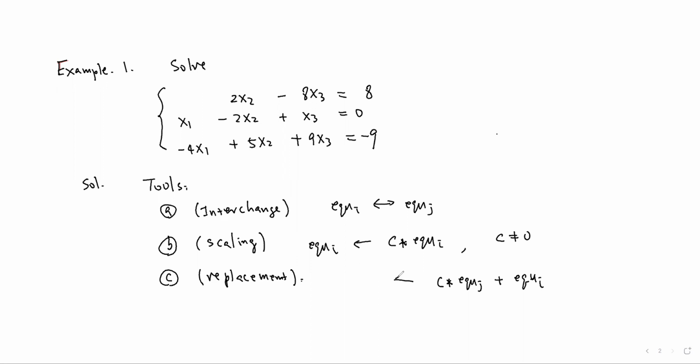Put this new equation in equation I. Don't put this new equation in equation J, but in equation I. Then this operation is called replacement. Now this time, this number can be 0 or non-zero. Okay, these are the operations that we use to transform a linear system.